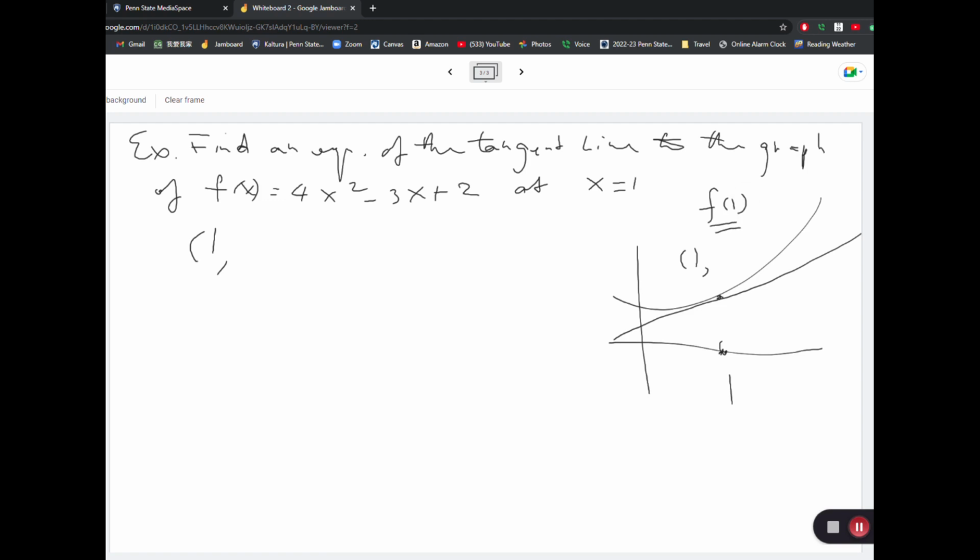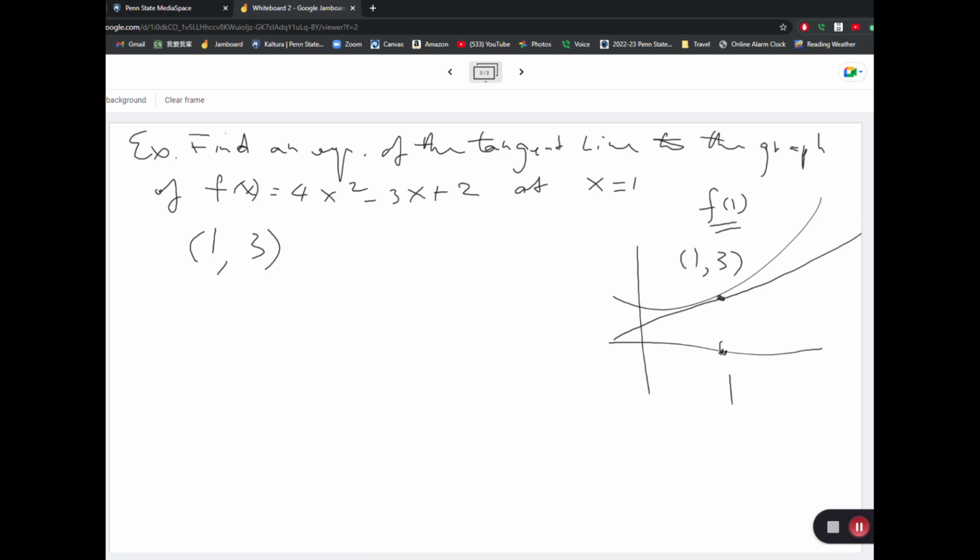That's easy. Plug in 1 for x. We're going to see it's 4 minus 3 plus 2. It's going to be 3. So the point we find on the graph is 1, 3. 1 is the x-coordinate, 3 is the y-coordinate.